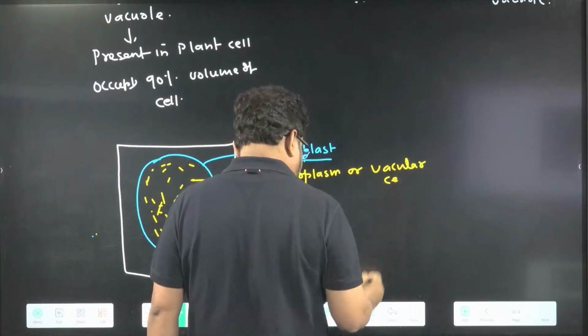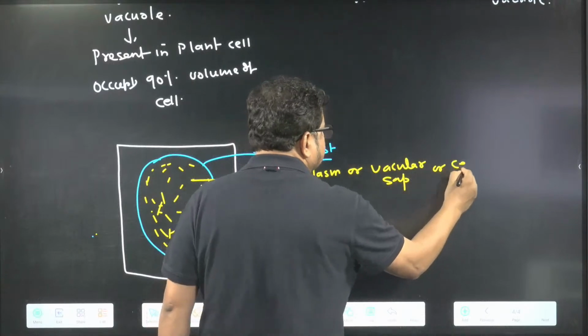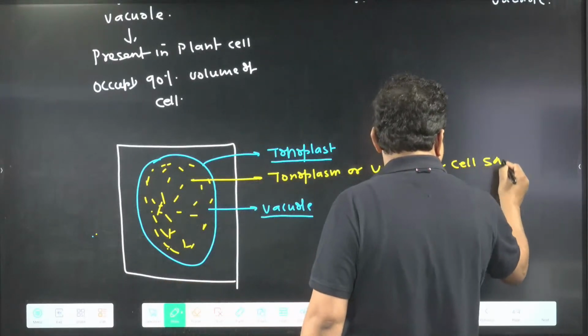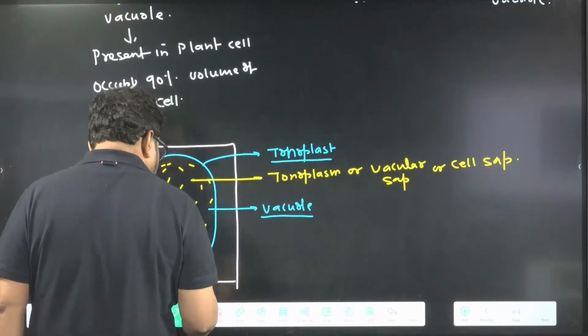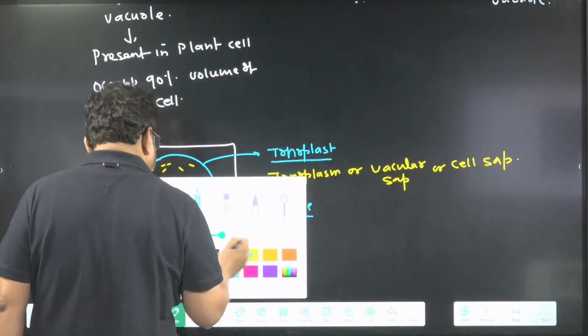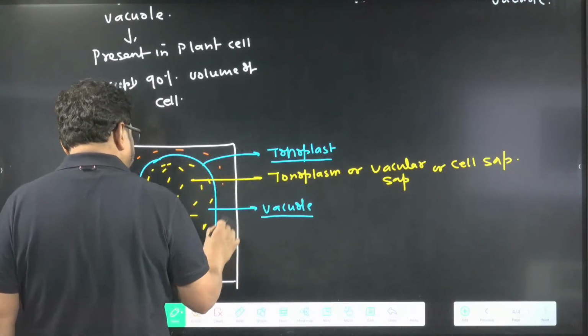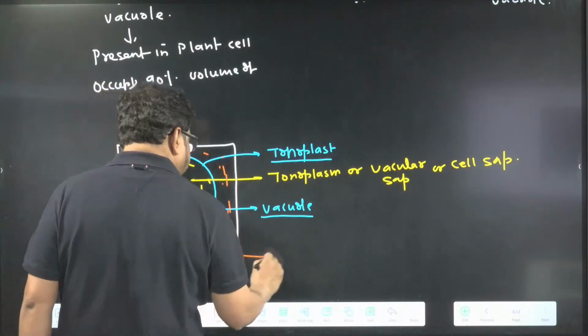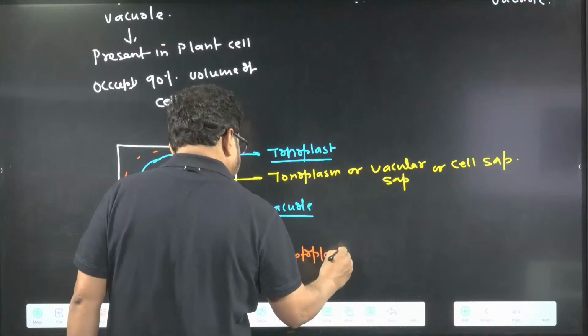Vacuolar sap, or it is also called cell sap. Got the idea? And the fluid and everything present outside of the vacuole here is basically cytoplasm.